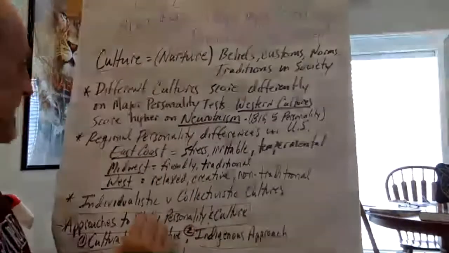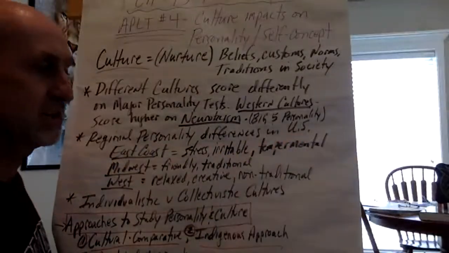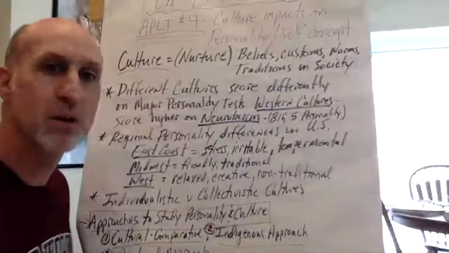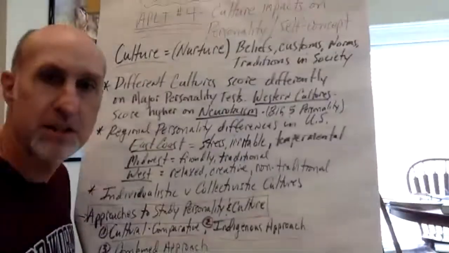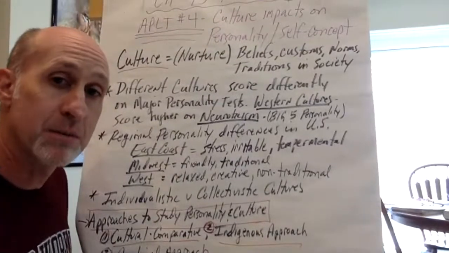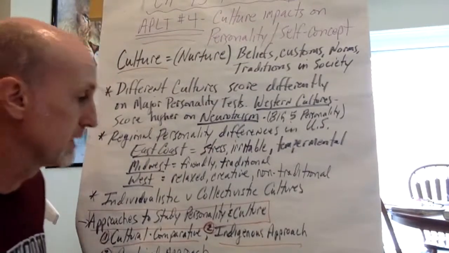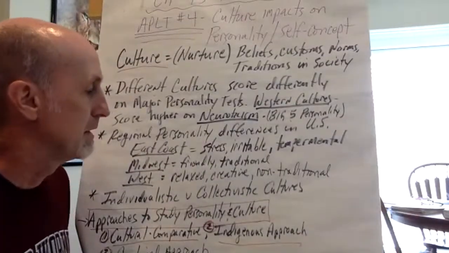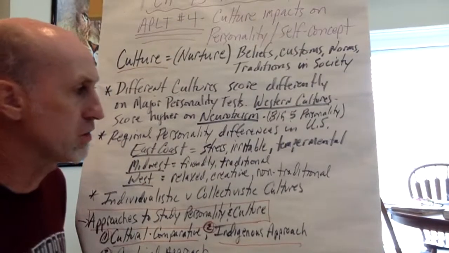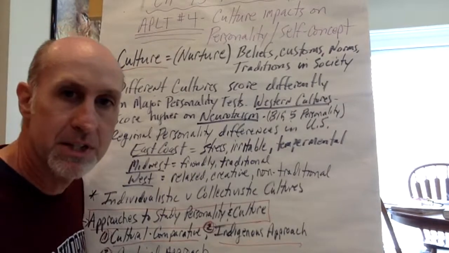Now, this is a great study done here in the United States. Depending on where you live in the United States, you emphasize or prioritize different personality traits and actually rate yourself differently. The East Coast rate themselves higher in stress, irritability, and temperamentalness.